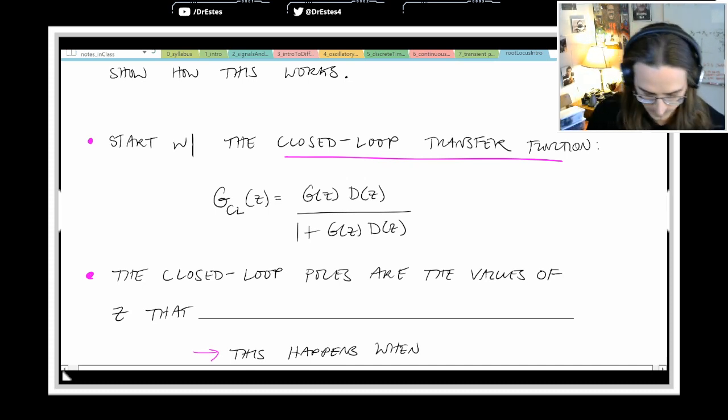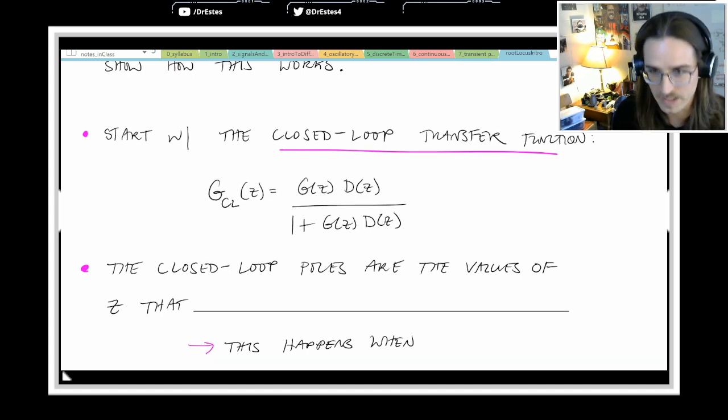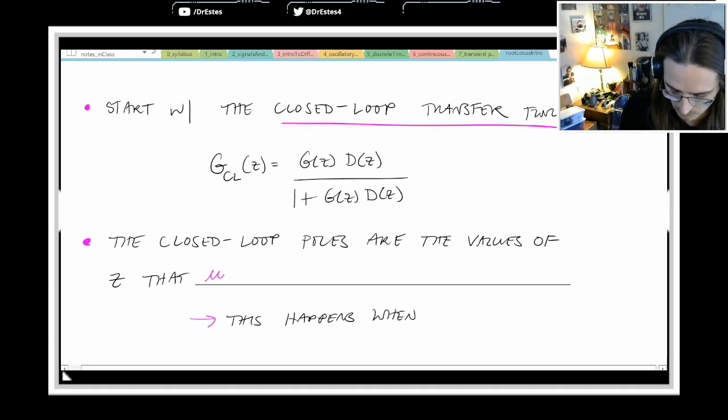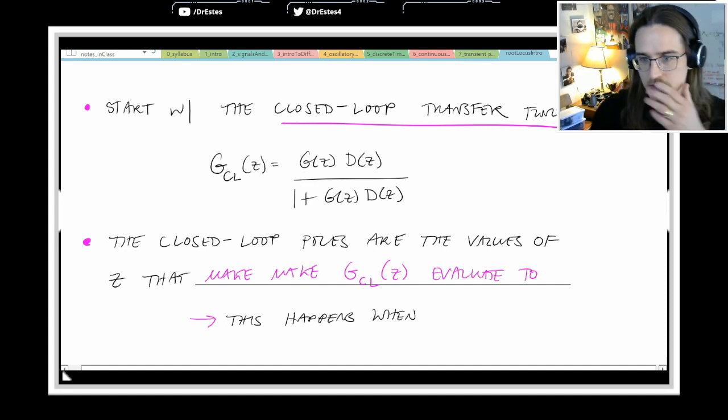Fill in the blank. Yes, make infinity. That make G closed loop of z evaluate to infinity. Yeah, Raichu says make denominator 0. That's correct.